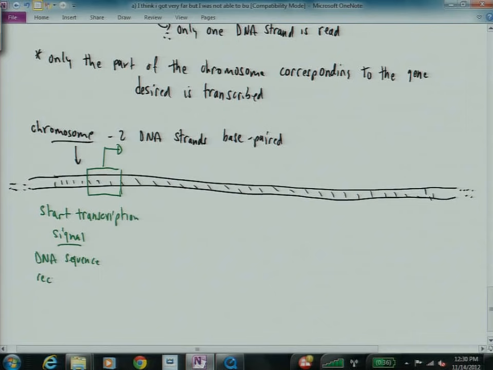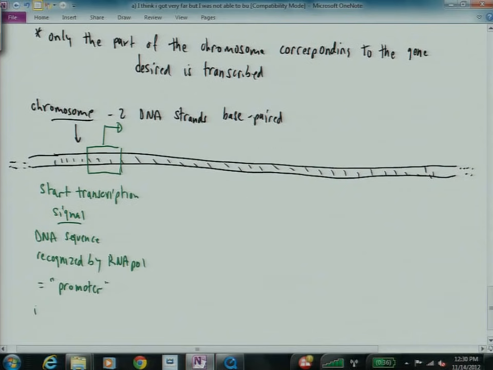It's called a promoter. And in gene X, it's TATAA, ATATT. That's its sequence. So let me back up and explain a bunch of pieces here.